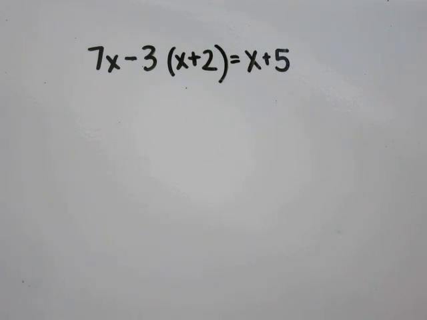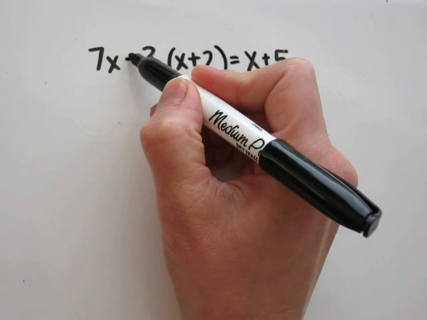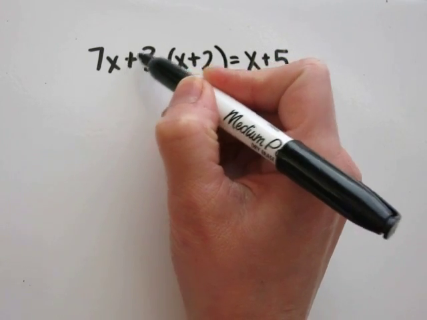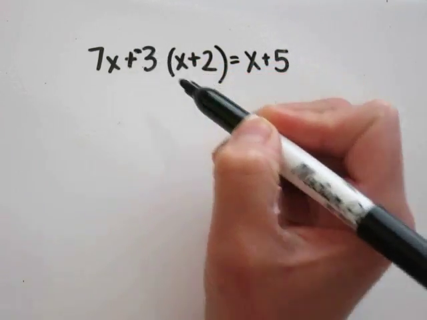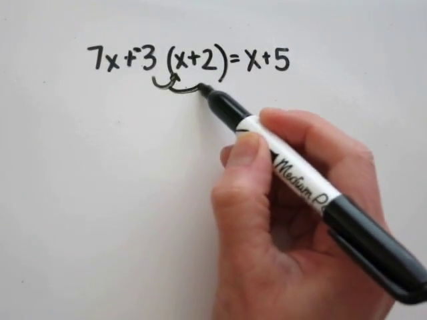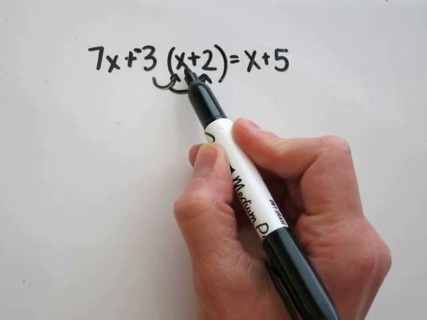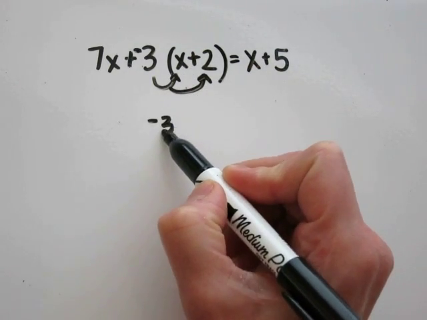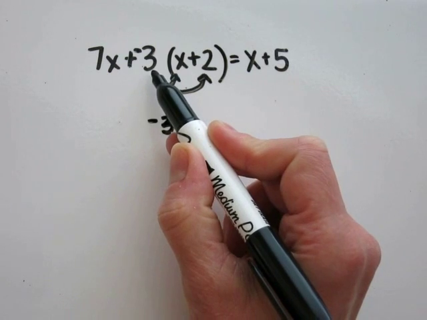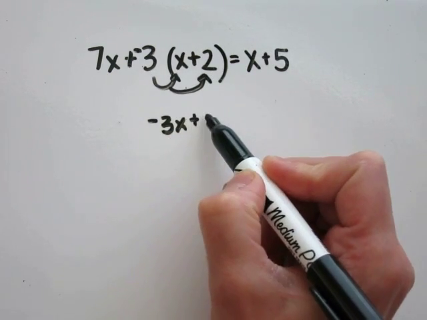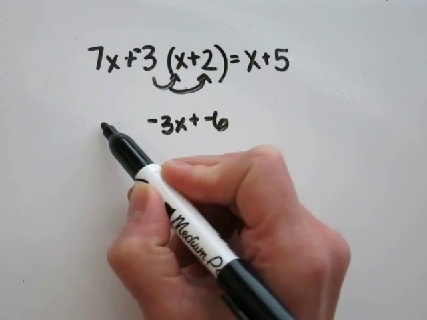Problem 21, 7x minus 3 times x plus 2 equals x plus 5. The first thing I will do is make this minus 3 a plus negative 3. Go ahead and distribute. Negative 3 times x is negative 3x. Negative 3 times 2 is negative 6.